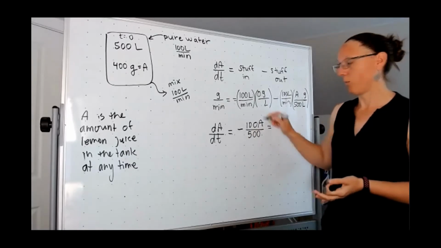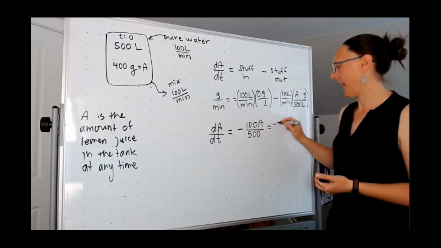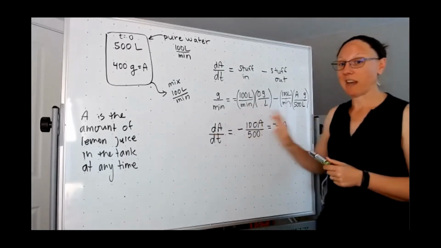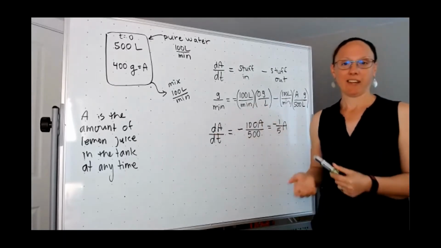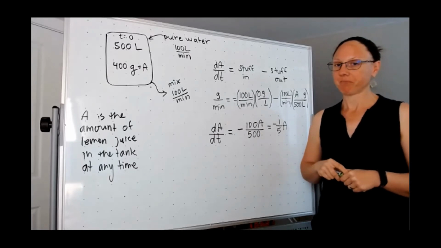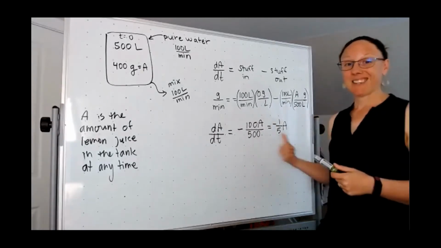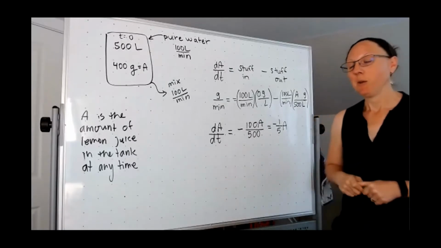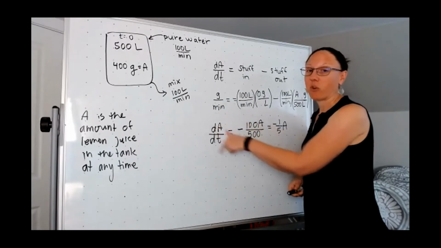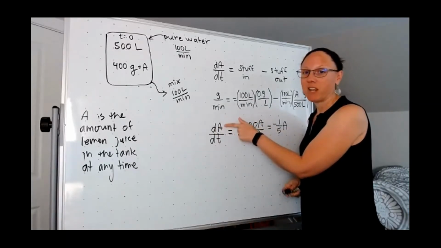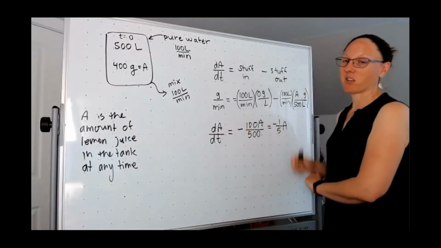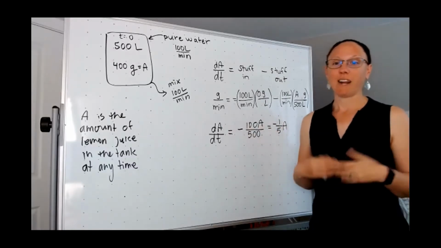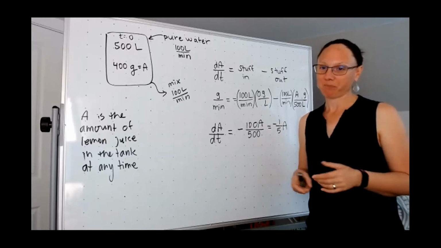Or if you want, we could just write that as negative 1/5 A. So that's our differential equation, and that's the thing that we need to solve. This thing happens to be autonomous, because when I look at the variable that's in the numerator of my differential, that's the only variable that appears on the other side of the equation. So I know it's autonomous, therefore it must be separable.